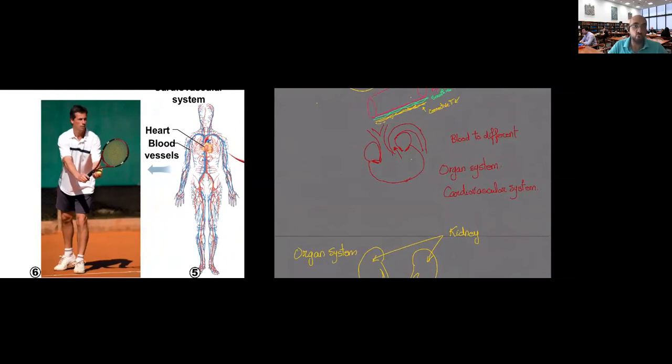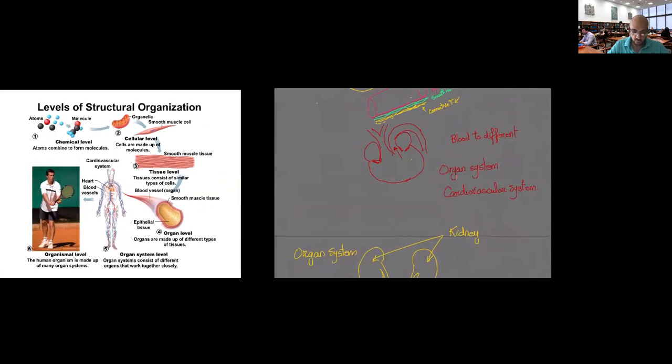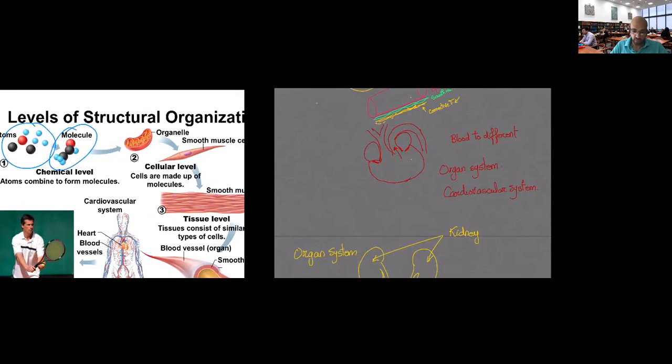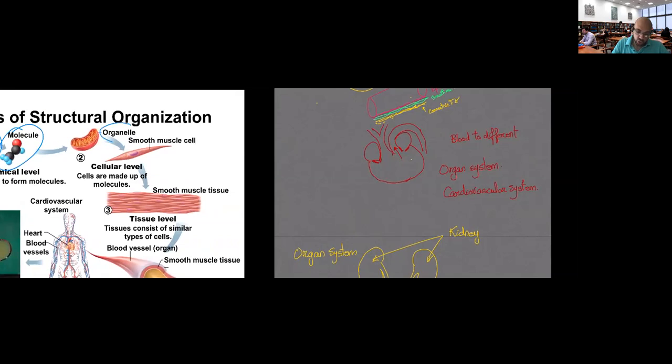You are the organism. So again, what are the levels of structural organization of an organism? You start first with atoms, the very basic chemical structure. And then those atoms will form together more complex chemical structures. Those are the molecules. And then the molecules will share together to form organelles that build up cells.